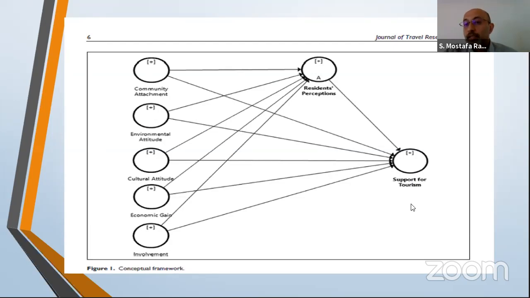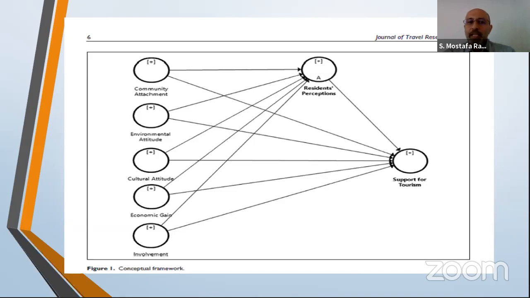But what does it mean? It means we investigate the effect of community attachment, environmental attitude, cultural attitude, economic gain, and involvement, these antecedents, on support for tourism development, whether it's a direct effect or this effect is transferred through resident perception. Again, what does it mean?